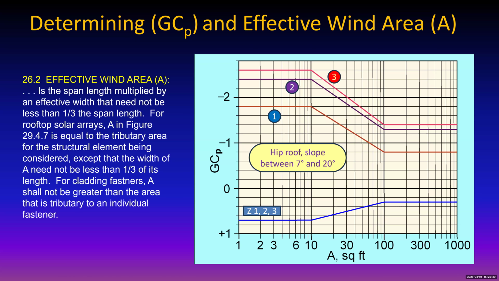All right. So now the GCP and effective wind area. Then the final wind load comes from multiplying qh, gamma E, gamma A. That's 16.6 pounds per square foot.